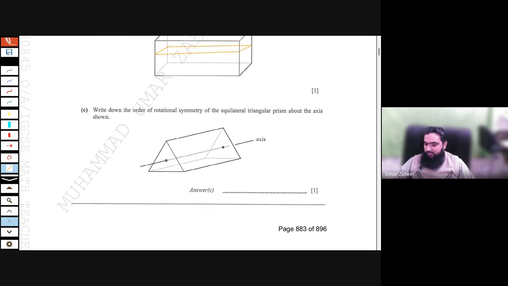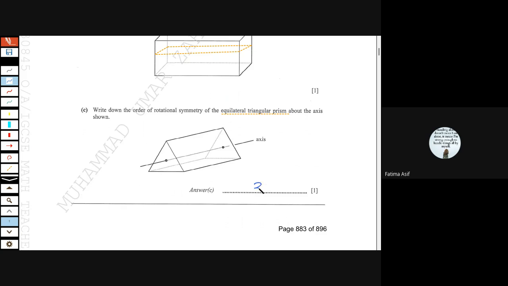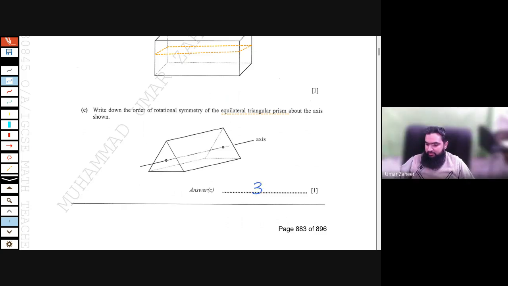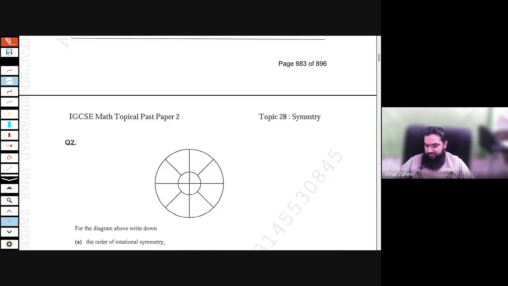In the next one, write down the order of rotational symmetry of the equilateral triangular prism about the axis shown. We just discussed it. How many times, if you rotate it, do you see the original shape? 3 times. The order of rotational symmetry is 3.